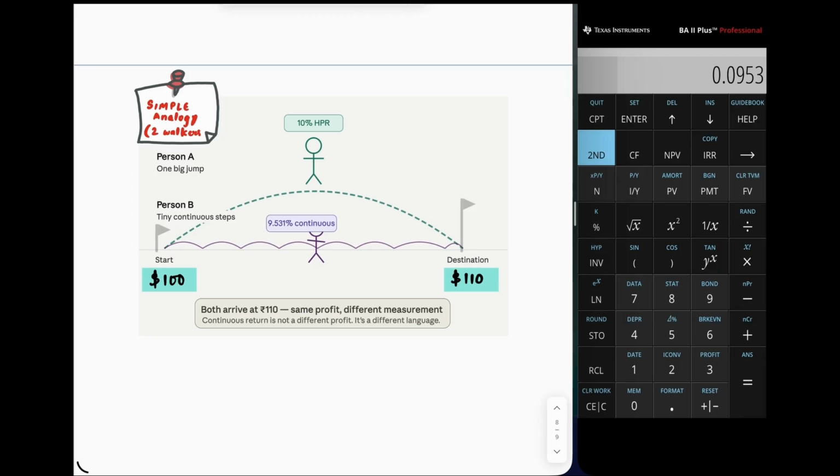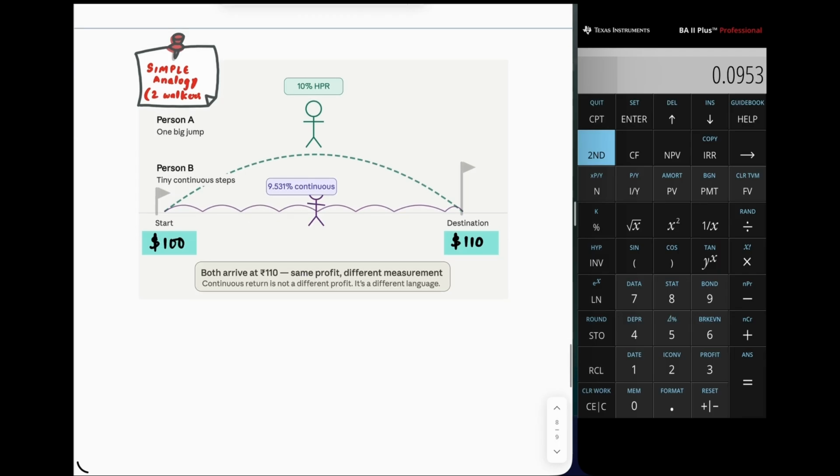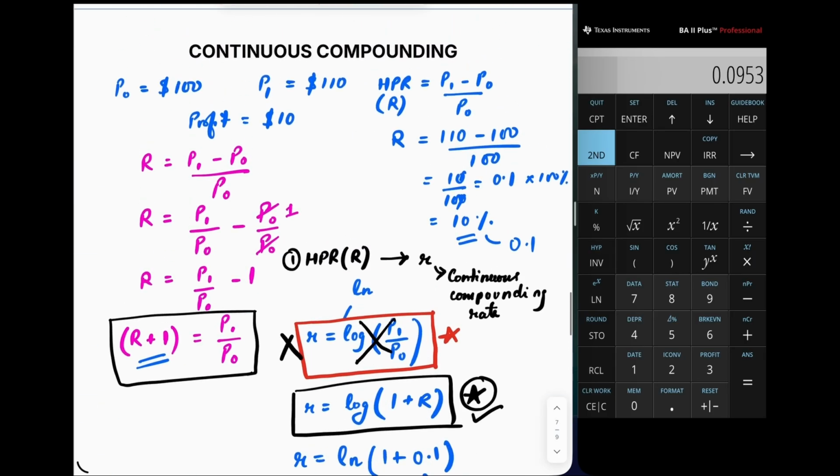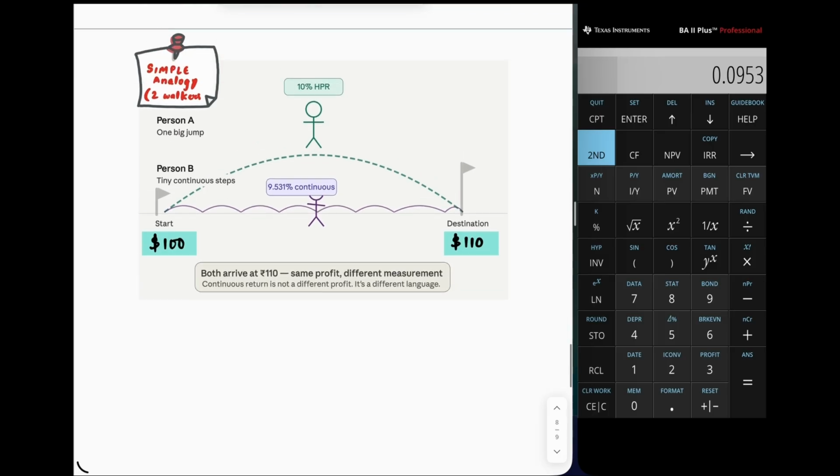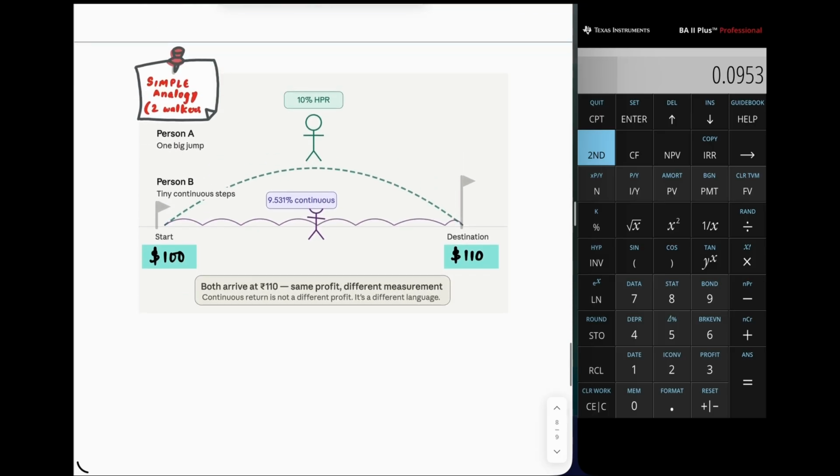You can see two persons here, person A and person B. They start from the starting point A, and the destination point is here, where it is $100 and they both are reaching 110, as in our case. Person A represents your holding period return.